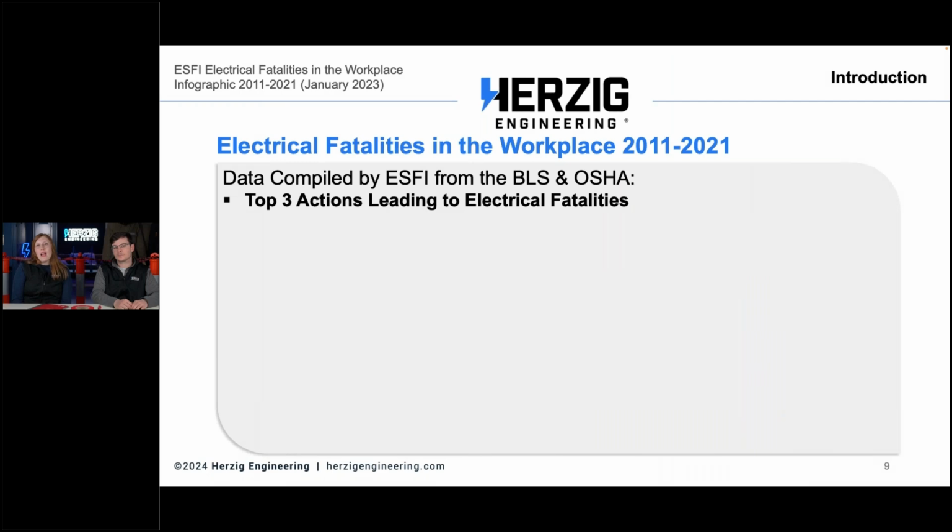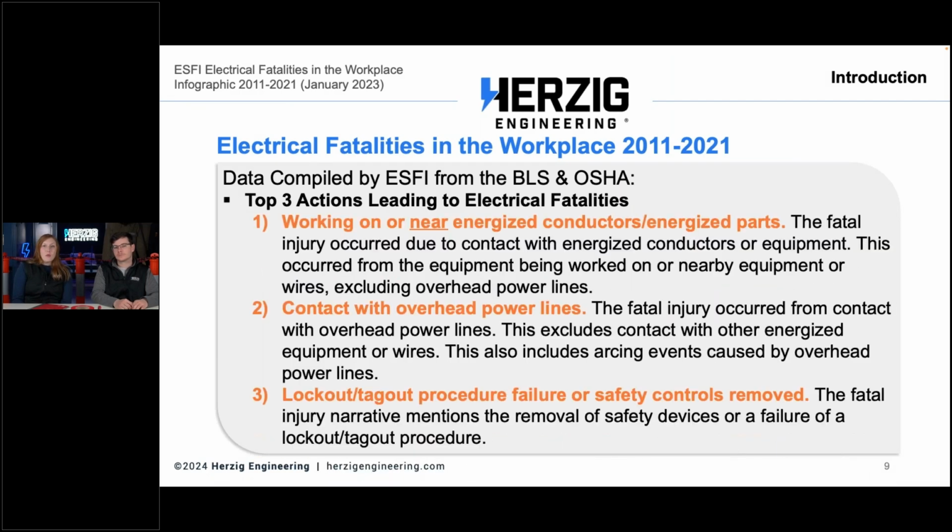Okay, so there's 3 main actions leading to these fatalities. Lockout tagout procedure failure or safety controls removed, that's obviously a common issue. It's always cited in the top 10, oftentimes top 5, of OSHA's top cited violations. Contact with overhead power lines still kills a ton of people, way too many, right? Not just in the workplace, but in general as well.